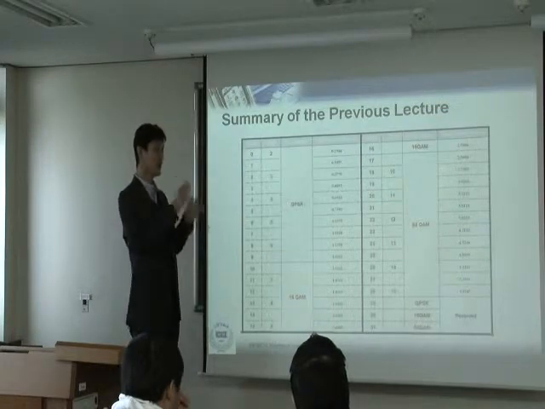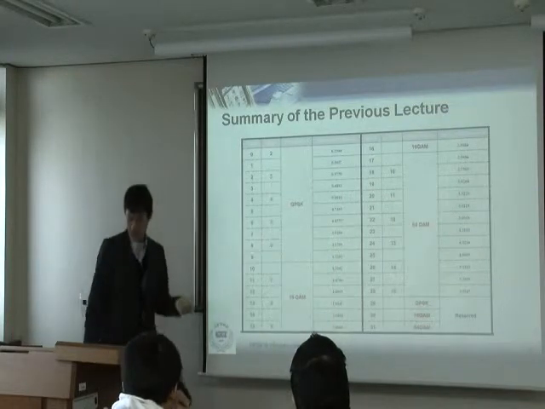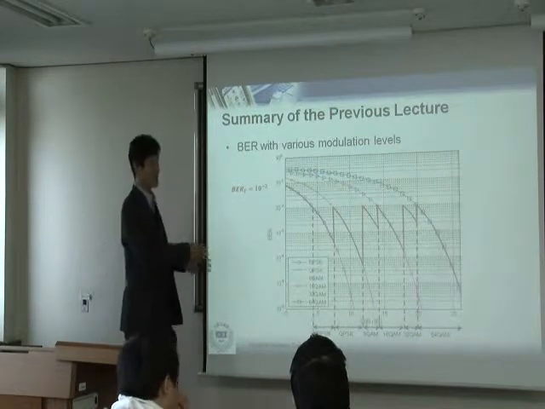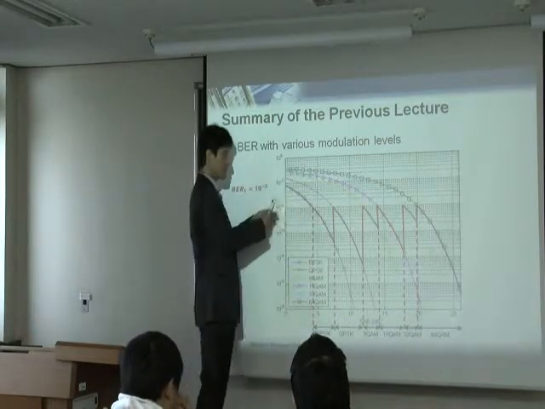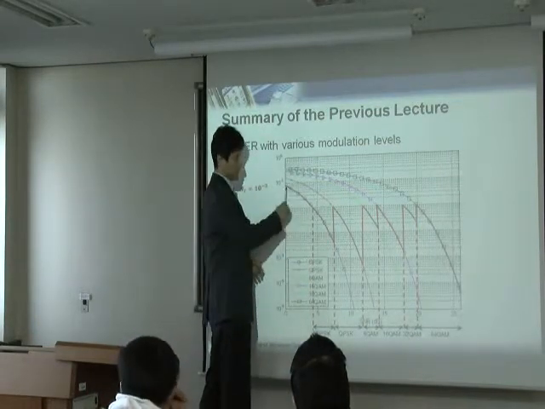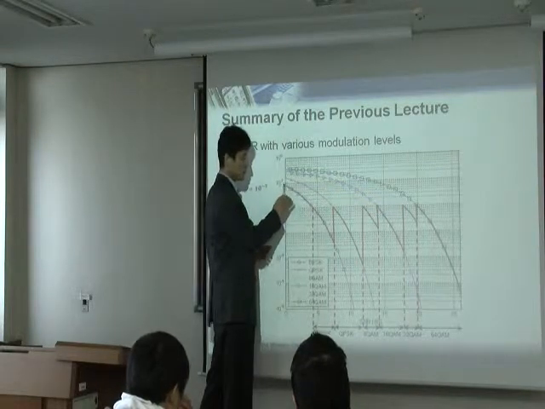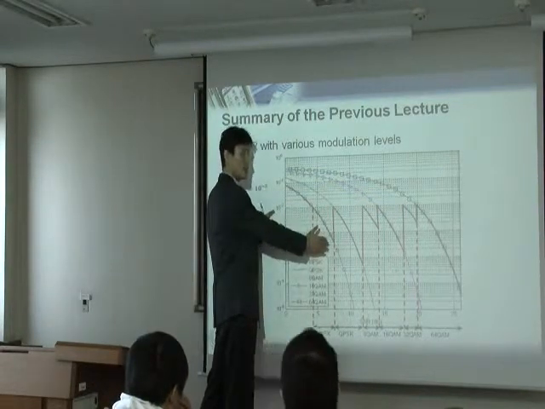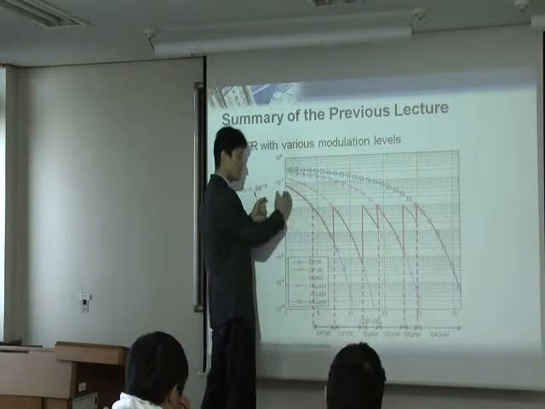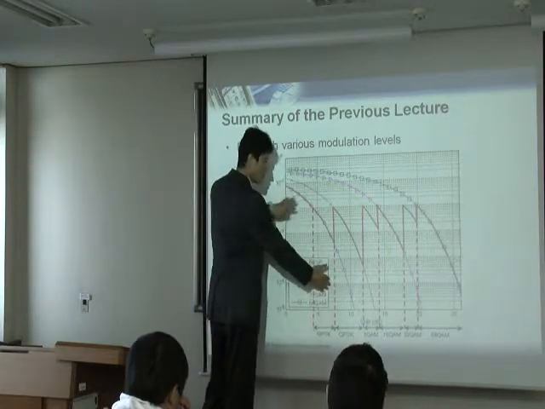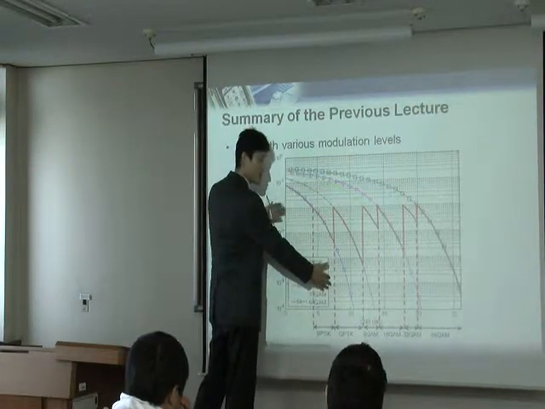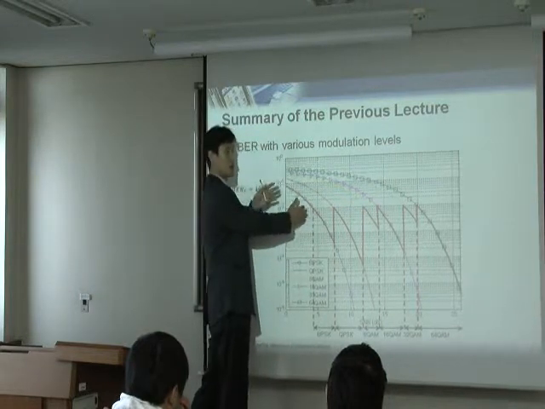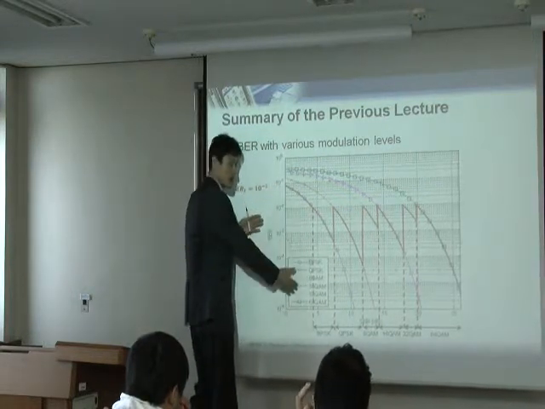And then once you do that, what you do is run the simulation like this. Not exactly like this, but it looks similar. Say you use BPSK with some coding rate, then maybe you have this curve. You make another combination, BPSK with some other coding rate, then you may have another curve like this.